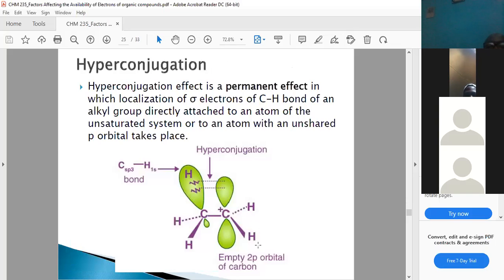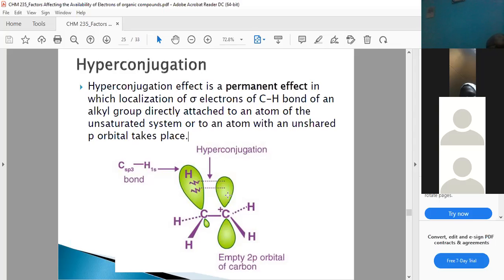Then another effect is hyperconjugation. This one has to do with sigma bonds, but on alkyl groups. You know, we said that alkanes are non-polar. But in this case, if you have an alkyl group in the proximity of a radical or carbocation, you have an empty p orbital in that species.